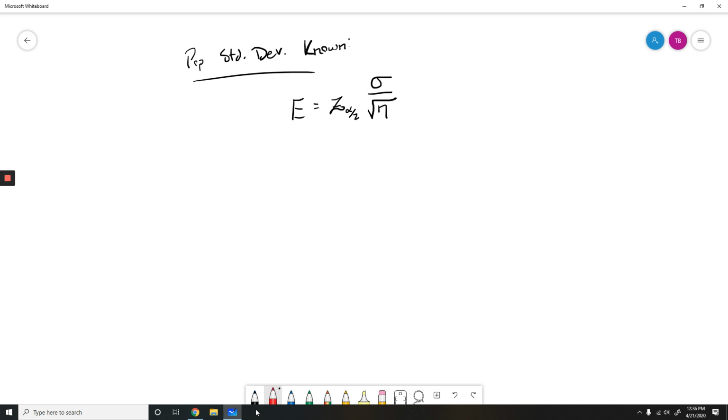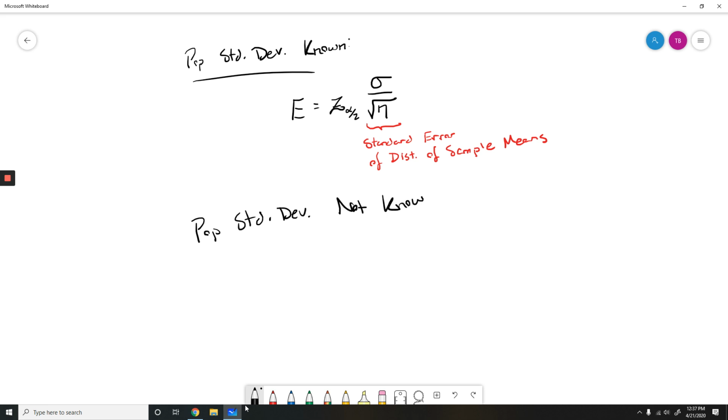And remember this bit here, that's the standard error, or the standard deviation of our distribution of sample means from the central limit theorem. So we're just saying how many standard deviations are we from the mean in terms of our distribution of sample means. But of course, we don't know the population standard deviation in this example.